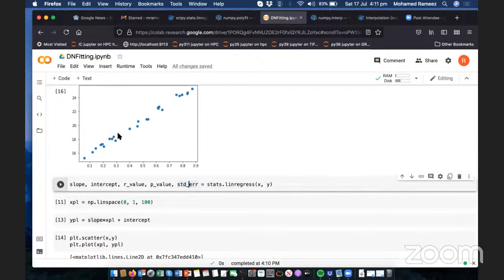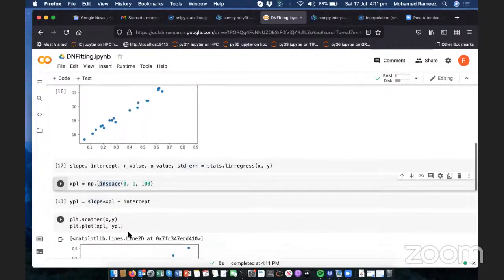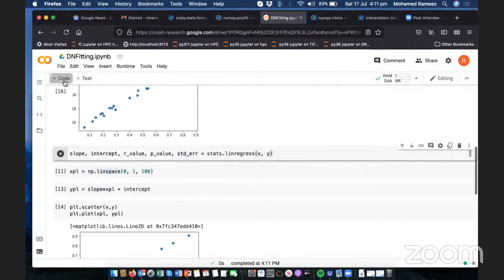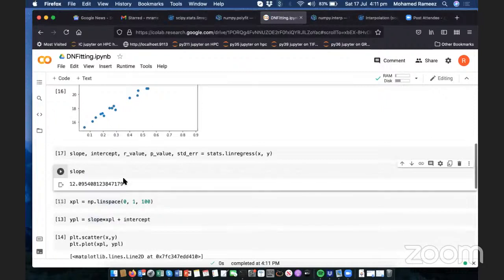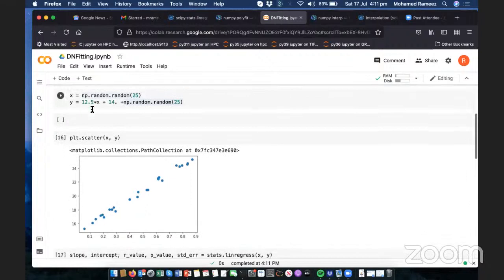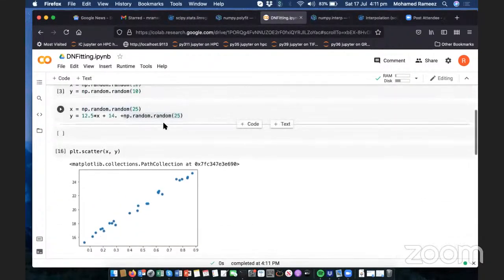Now let us examine what a linear regression on this does. Let us now examine what the slope is. It's 12.09, which is very close to the 12.5 I put in. The difference is only because of the noise I have added.